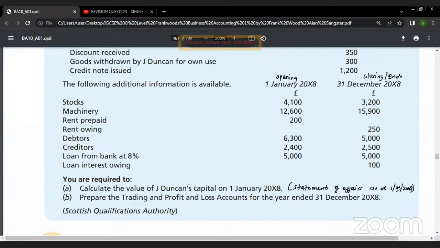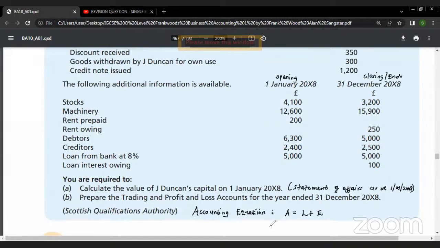Now, this statement of affairs is always prepared to determine the opening capital. Don't forget from your accounting equation, we know very well that assets equal liabilities plus owner's equity.